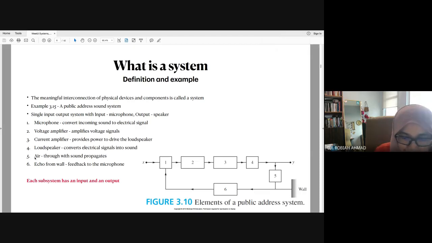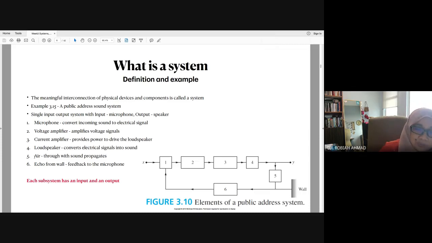So this is a definition and example of what a system is. If you look at figure 3.10, this is the elements of a public address system. The meaningful interconnection of physical devices and components, as we defined just now, is called a system. The components of the system are single input, single output systems, and overall the system input is the microphone and the output is the speaker.